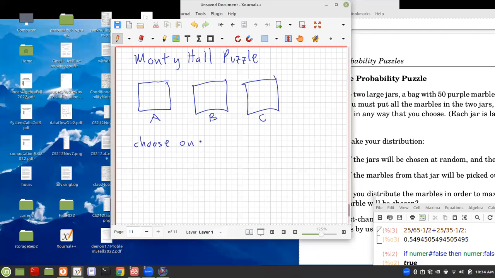Say that they choose A. Then Monty Hall reveals what's behind one of the curtains.